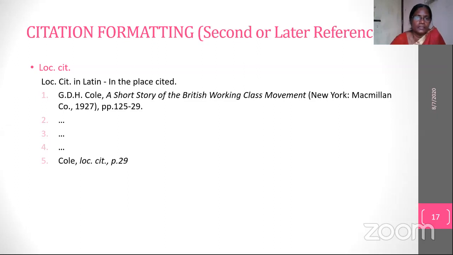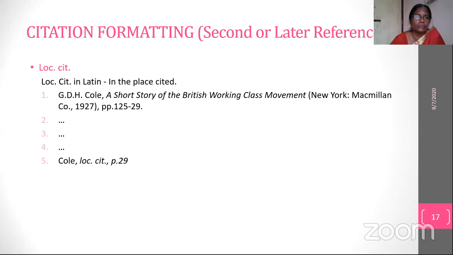Already, the first time you have to give all the details as usual: author name, book, place of publication, year, etc. But suppose it is going to repeat, we have to simplify the same and present it like that. Whole, loc. cit., page number. There is no need to elaborate all the things because it is the single author, the single book.